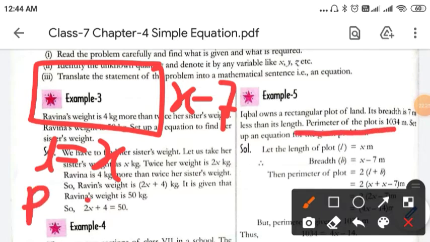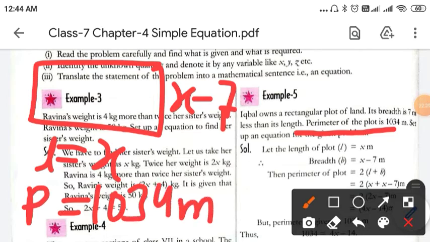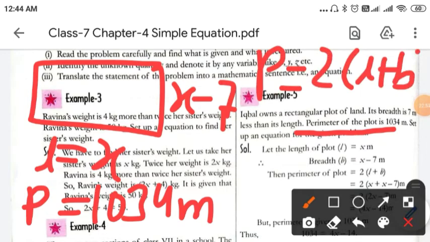Perimeter is 1034 meters. Now we have learned about the perimeter formula in the previous classes. What will be the formula of perimeter? Perimeter of a rectangle, here it is a rectangular plot. So we know that the perimeter of a rectangle is 2 into length plus breadth.